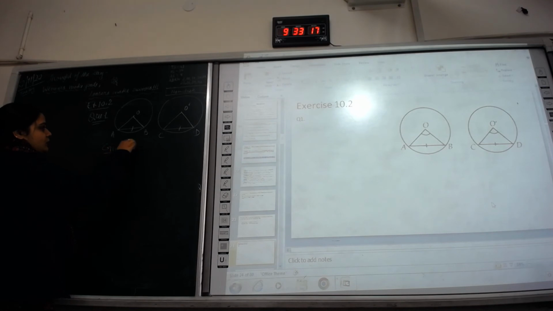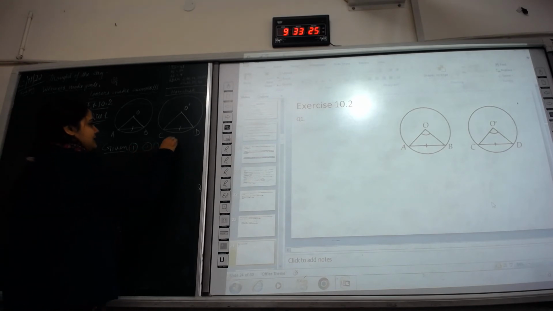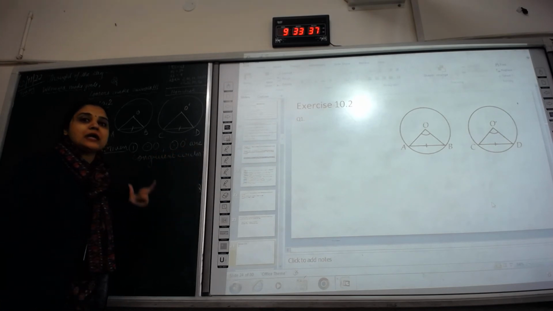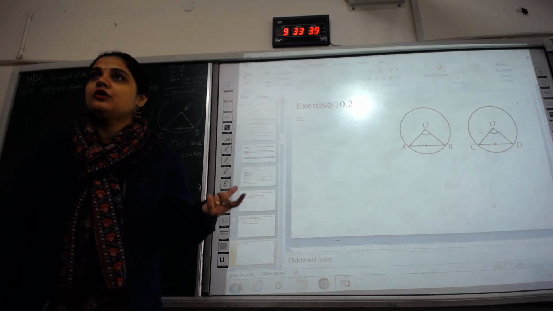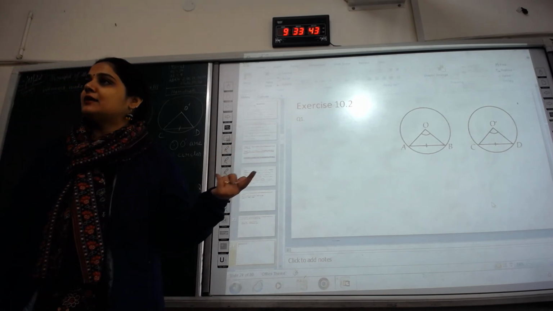You are given two things. First thing, this is how we write it: circle with center O and circle with center O dash are congruent circles. This is the standard notation of writing a circle. Usually we write triangles like this, we never write circles like this.